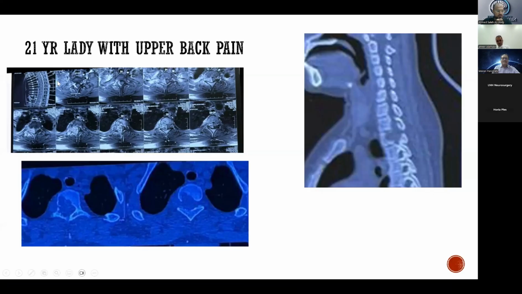This was another case, a 21-year-old lady with upper back pain, and there was a lesion again in the extradural space involving the pedicle, with destruction of the pedicle, then destruction of the body and of the lamina. We operated three days ago, and this turned out to be a bony tumor, probably aneurysmal bone cyst.